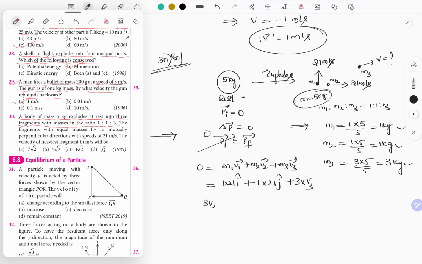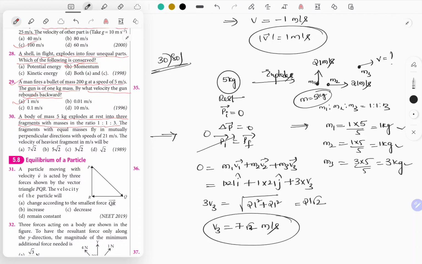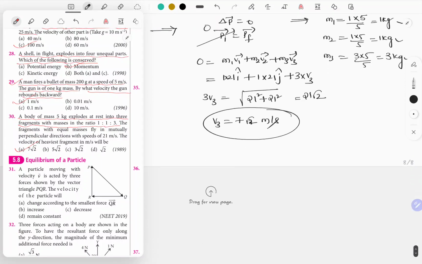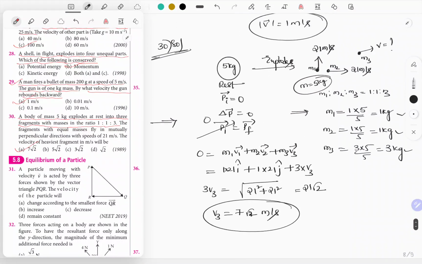So 3 v3 is equal to root of 21 square plus 21 square, which is equal to 21 root 2. Then v3 is equal to 7 root 2 meter per second. This is the velocity of the third particle. Option A is correct. Hope you understood, guys. Very good.